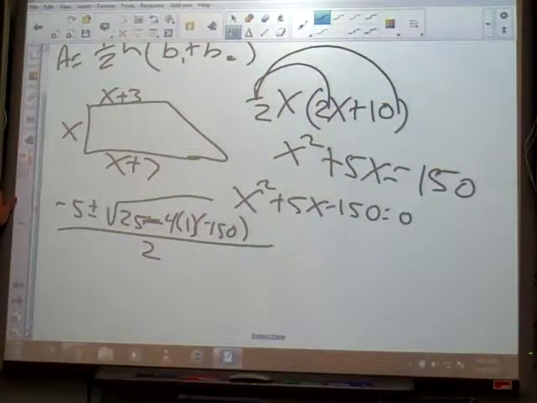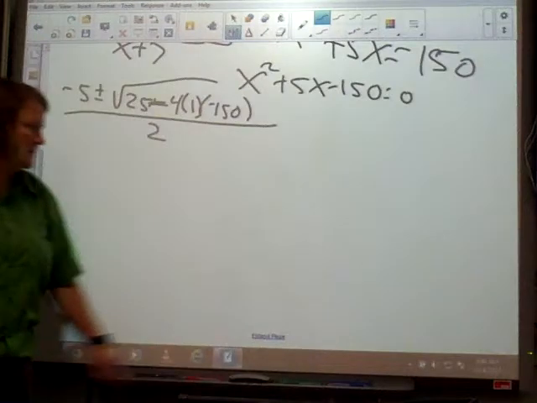That got me 625 underneath the radical, and the square root of 625 is 25. Y'all check, make sure you get the math correct on that.